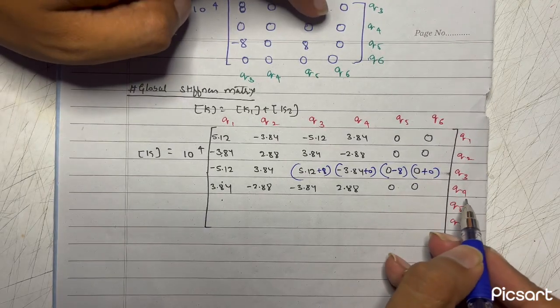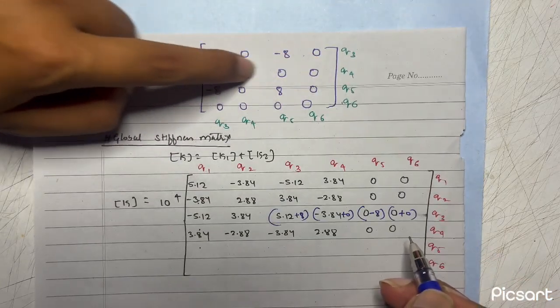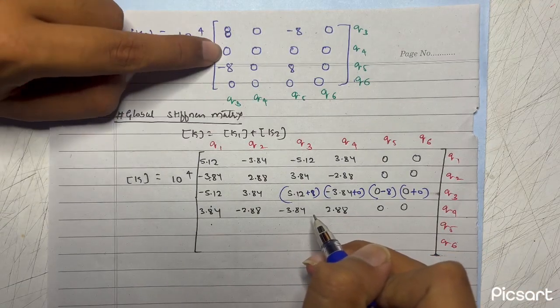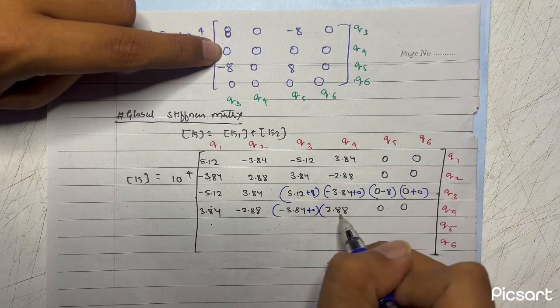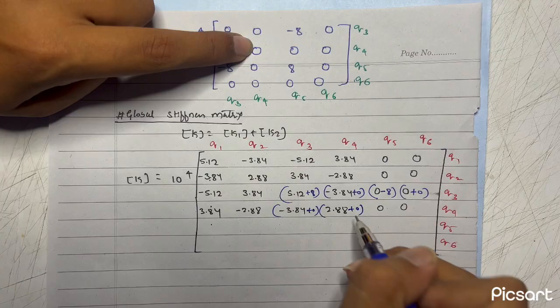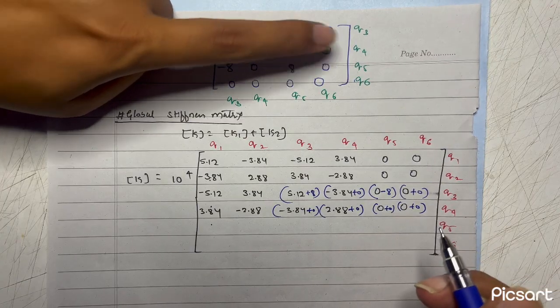Similarly, next Q4, this is Q4 row. Here Q4 in Q3 column, 0 plus 0. Q4 row, Q4 column, again it is 0. Here it is also 0, this is also 0, 0, 0.